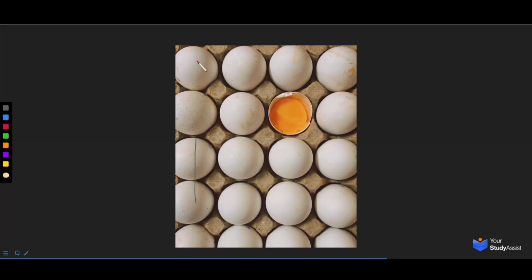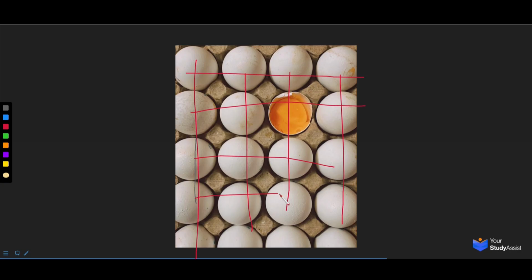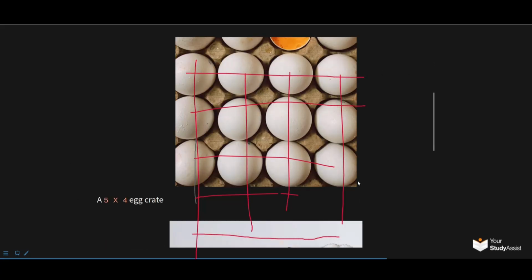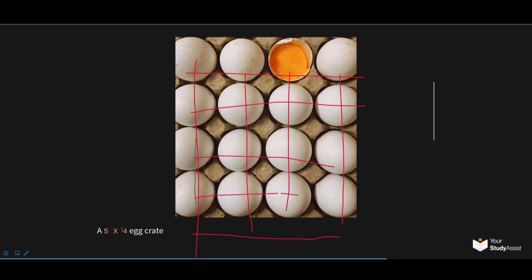For this crate of eggs, we have 1 column, 2 columns, 3 columns, and 4 columns. And we have 1, 2, 3, 4, 5 rows. So we have 4 columns, 5 rows. So we have a 5 by 4 crate of eggs.